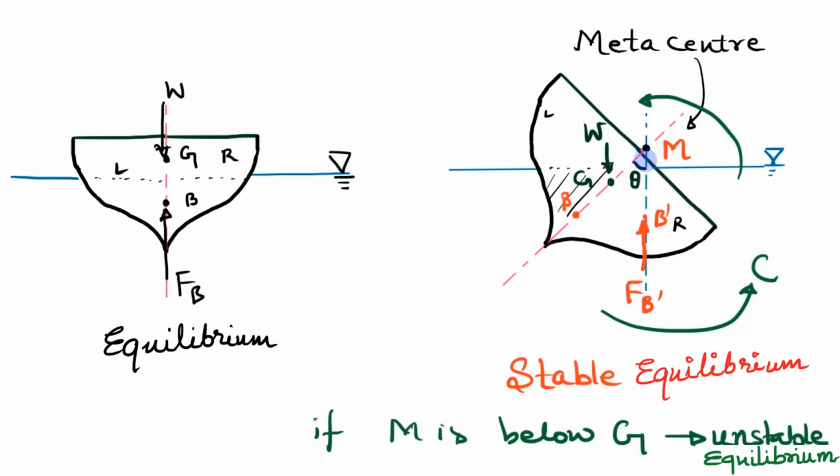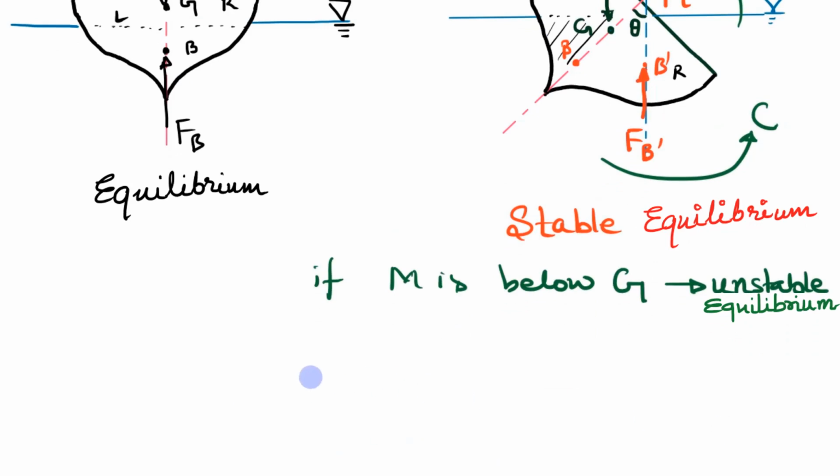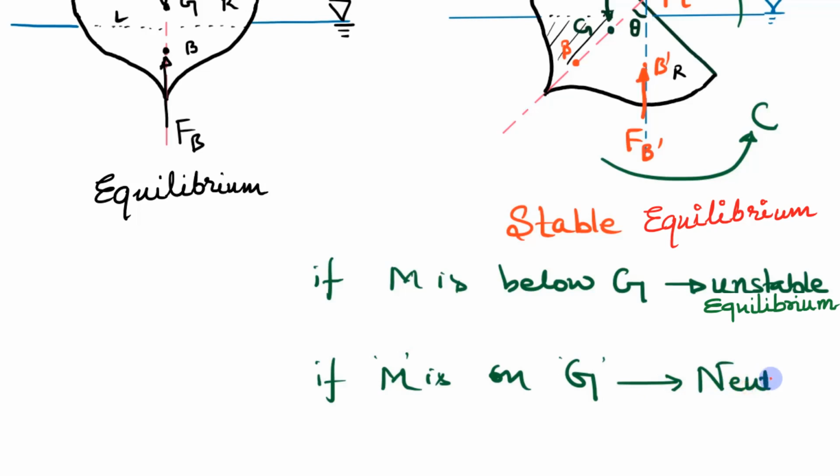And if M coincides with G, we say the body is in neutral equilibrium.